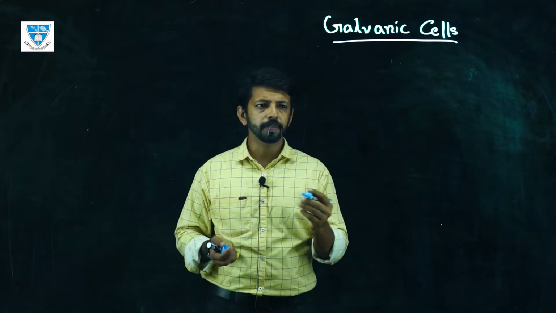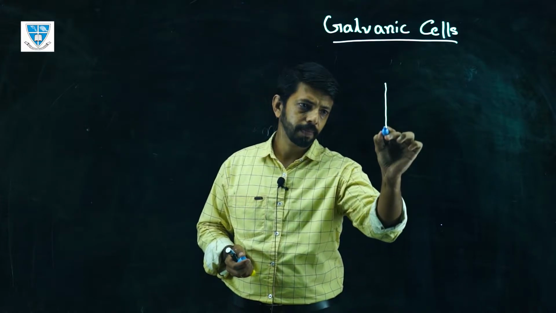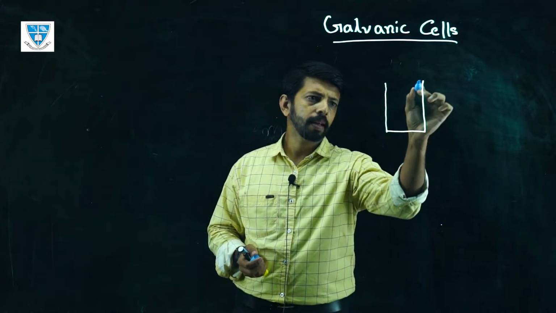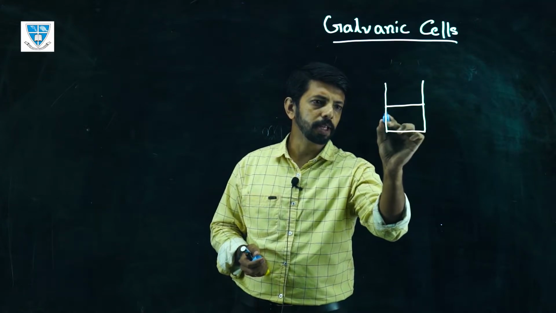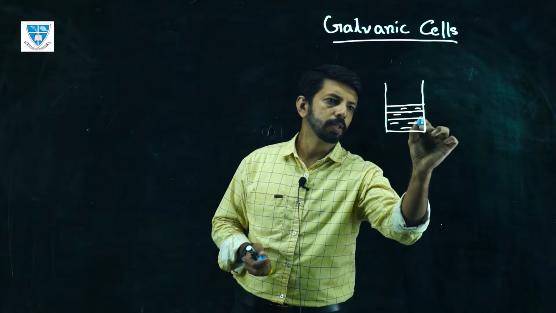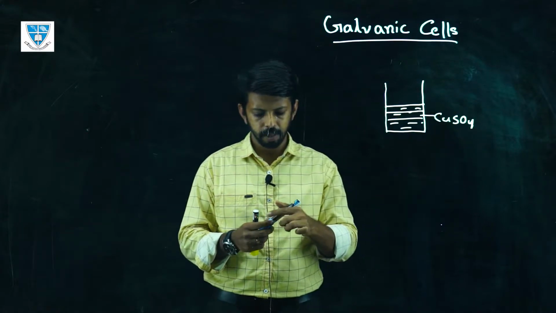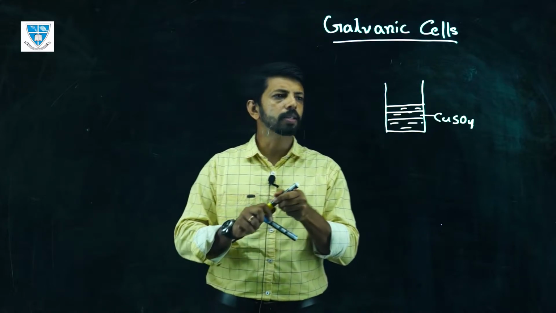So we can start by taking a beaker, and I am taking a copper sulfate solution into this beaker. So this is a copper sulfate solution, and I am putting zinc into this copper sulfate solution.